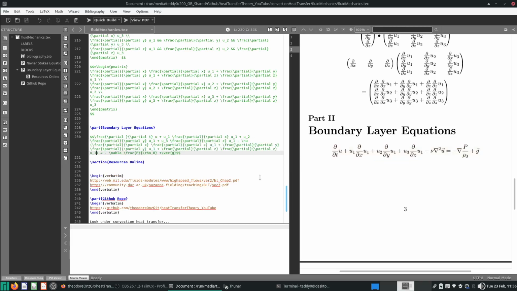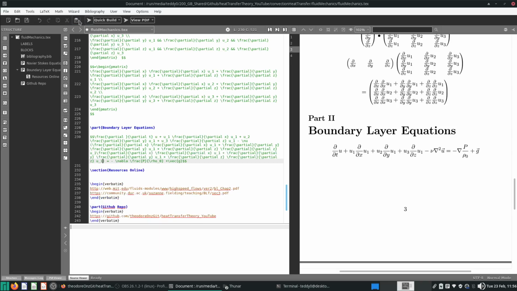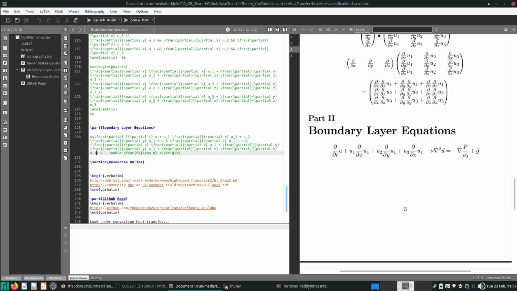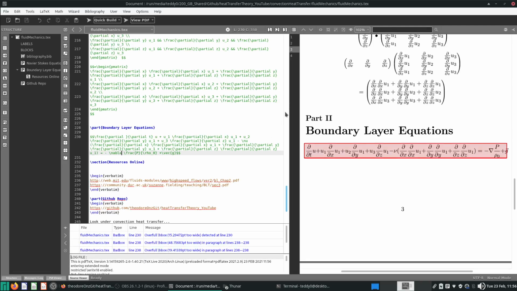Now of course we want to replace our u1, u2, and u3 by x, y, and z, or u, v, and w. It's a lot simpler. Okay, so this is what we have. Of course, I want to change all of this into del squared.